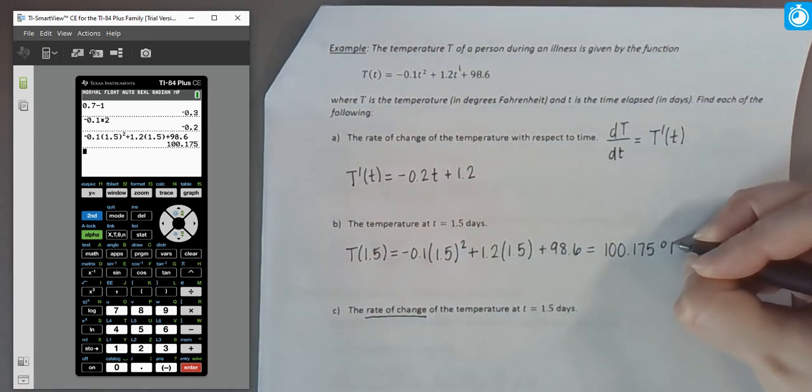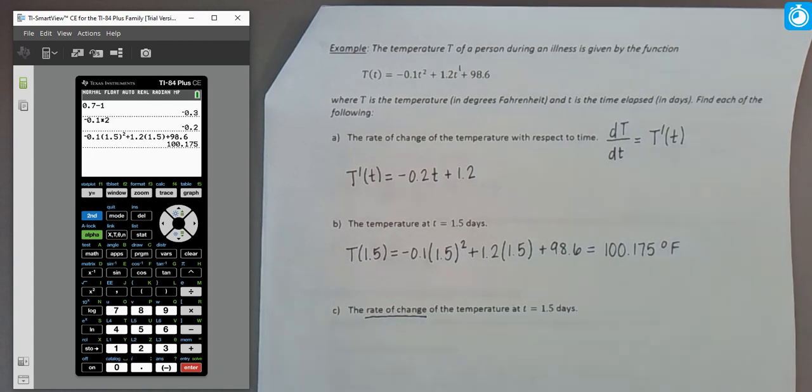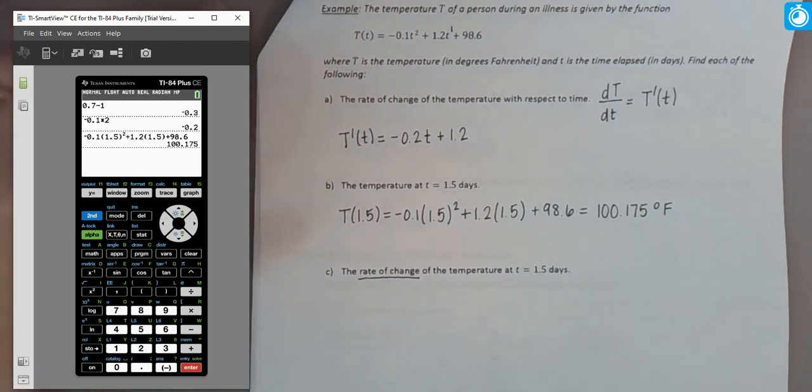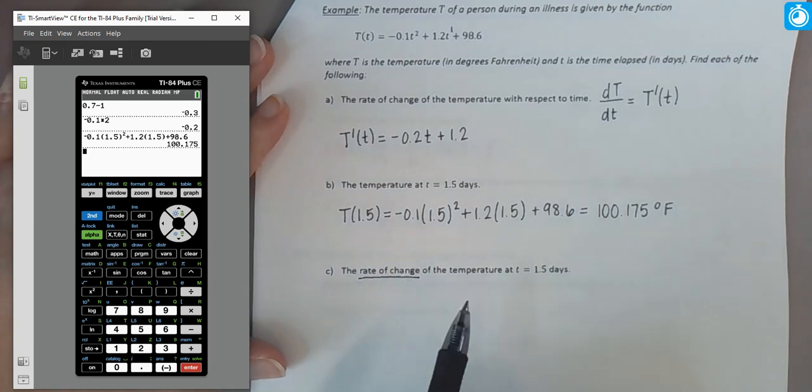So because it's an applied problem, we do want to write the units so that we know what we're talking about here. So that's going to be degrees Fahrenheit. So after 1.5 days, this particular person, modeled by this function, has a temperature of 100.175 degrees Fahrenheit.